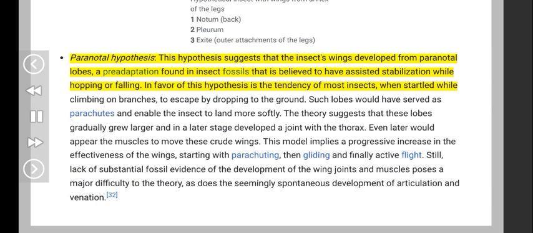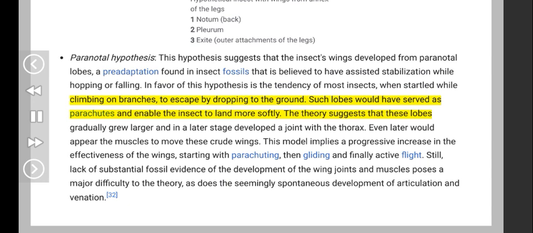Paranotal hypothesis. This hypothesis suggests that the insect's wings developed from paranotal lobes, a preadaptation found in insect fossils that is believed to have assisted stabilization while hopping or falling. In favor of this hypothesis is the tendency of most insects, when startled while climbing on branches, to escape by dropping to the ground. Such lobes would have served as parachutes and enabled the insect to land more softly.